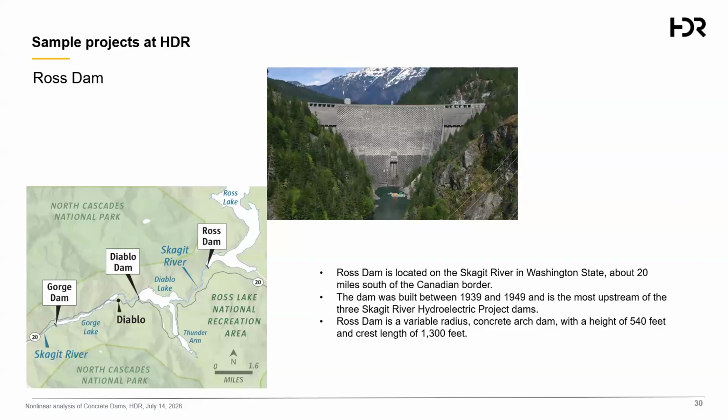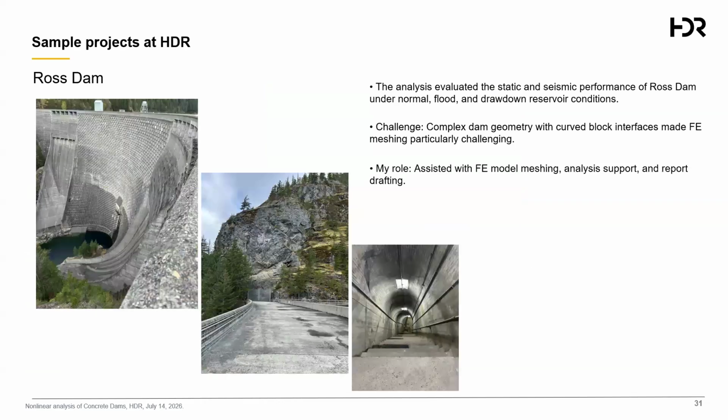Ross is a variable radius concrete arch dam with a height of 540 feet and a crest length of 1,300 feet. And the analysis of Ross evaluated the static and seismic performance of the dam under different reservoir conditions.